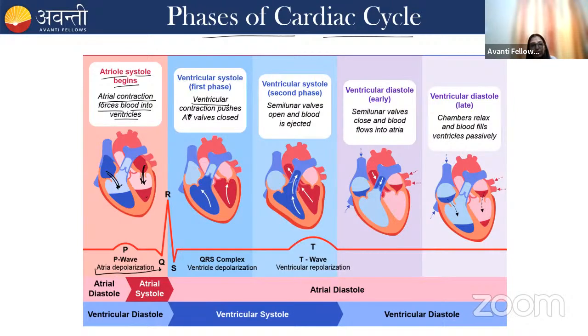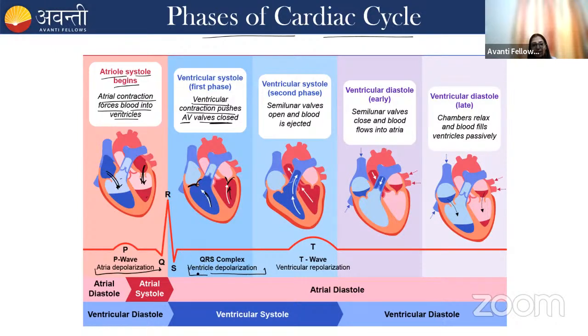Now the ventricular contraction pushes the AV valves closed. When the ventricles are filled, they put pressure, and these AV valves get closed. Here these are open, but now at this point they are closed. This happens because of the high pressure in the ventricles.